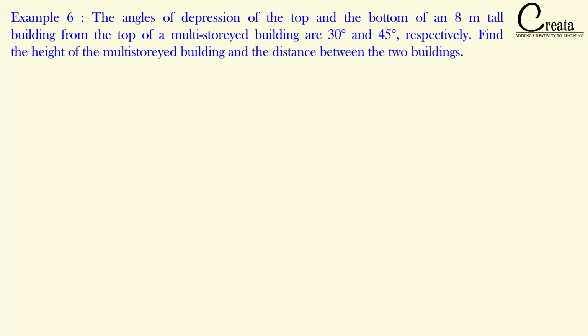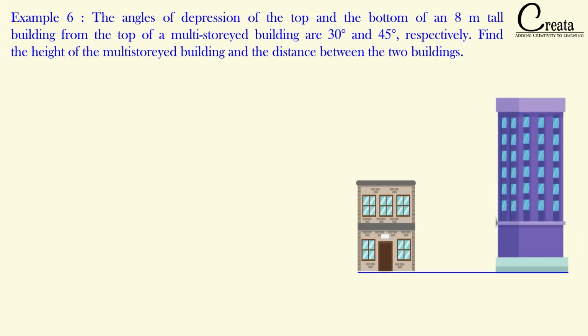Let's see what is given in the question. In the question, two buildings are given. One is a multi-story building and one is a small building. And the height of the second building is given as 8 meters, which is the small building. And the angle of depression from the top of the multi-story building to the top and the bottom of the small building is given as 30 degree and 45 degree respectively.